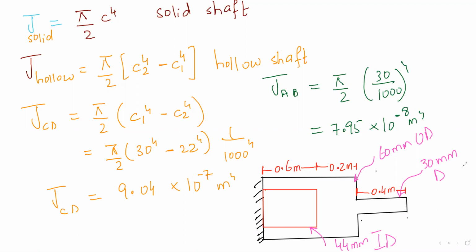Okay, so his question is, yes, so it is 60 divided by 2 minus 44 divided by 2. Yeah, this is correct. And for solid shaft, okay, I think he's right. So it has to be 15. Oh, because you took the half. Yeah, okay, I think he's right. Can you please do this by calculator?